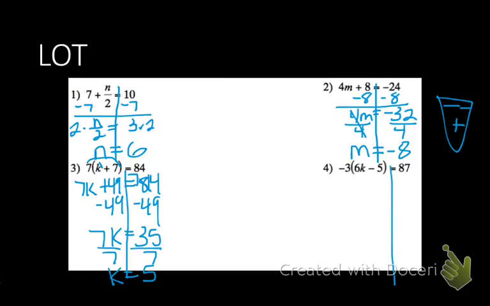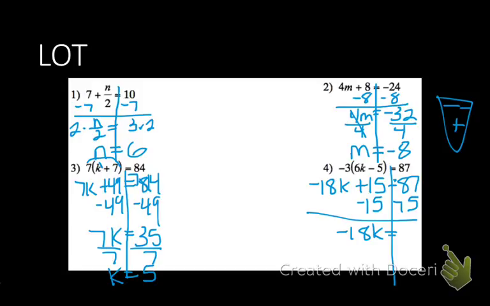And once again, I have to distribute here on number 4, negative 18k plus 15, because negative 3 times negative 5 is a positive. Then I have to subtract 15 from both sides. Negative 18k is equal to 87 minus 15, which is 72.